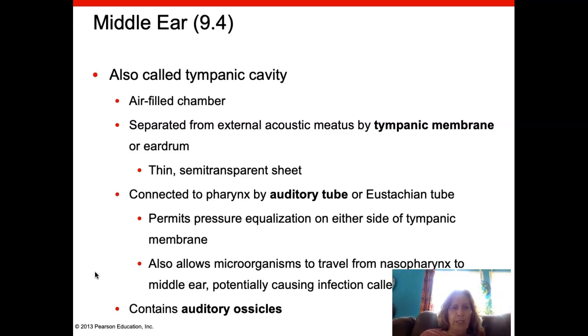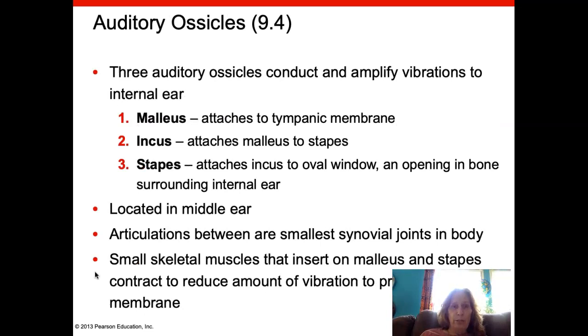This middle ear contains what are called auditory ossicles. An ossicle is a bone, and these auditory ossicles are the smallest bones in the body. You knew them growing up possibly as hammer, anvil, and stirrup, but now you'll learn that they are called the malleus, incus, and stapes in that order.